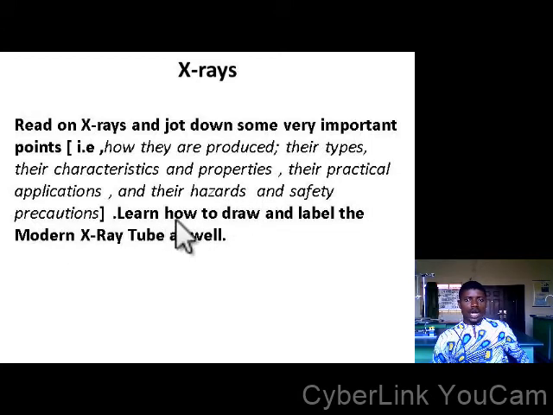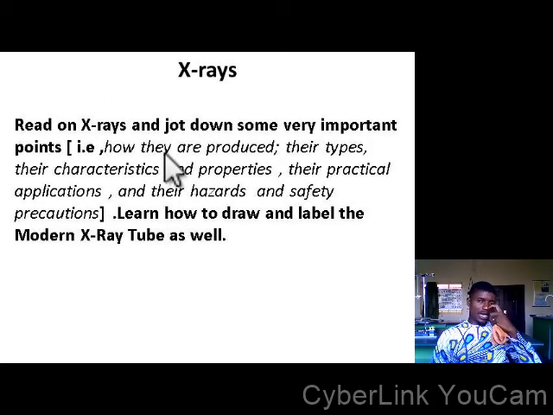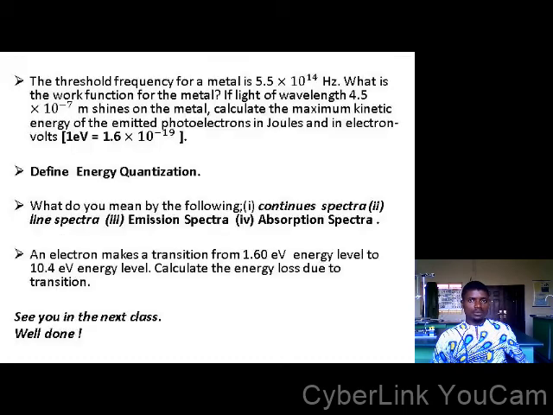Learn also how to draw and label correctly the modern X-ray tube. The reason why I didn't make notes on this is that I taught you this earlier, under electromagnetic waves. So combine that knowledge and also read on X-rays to form these notes.